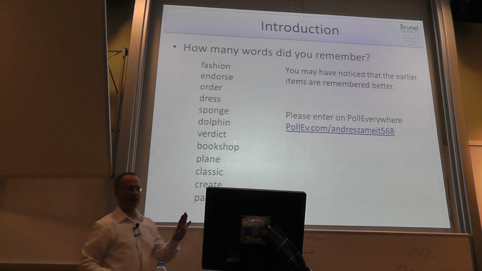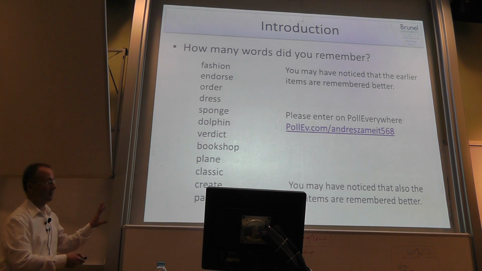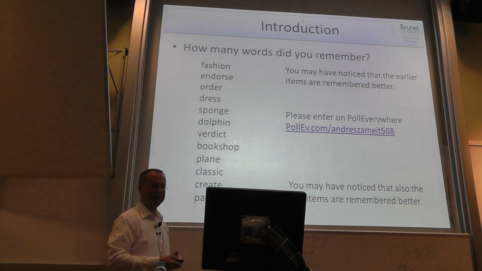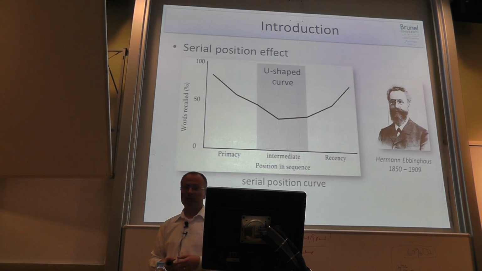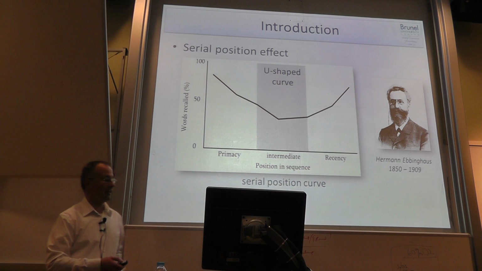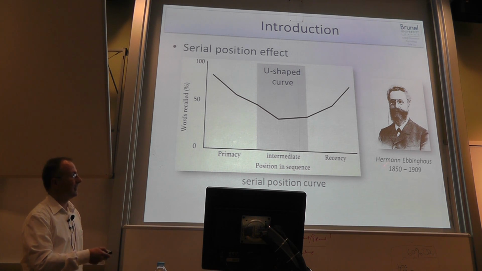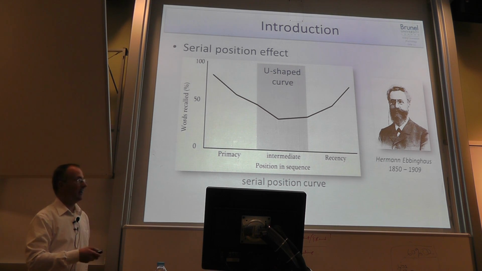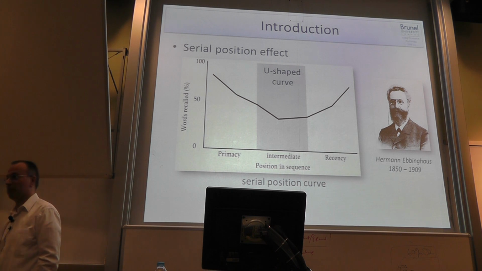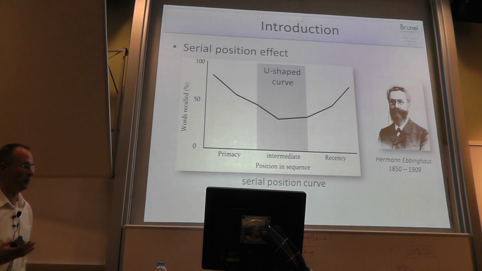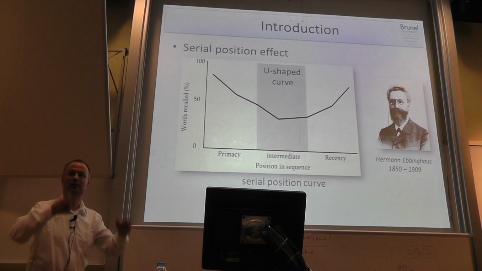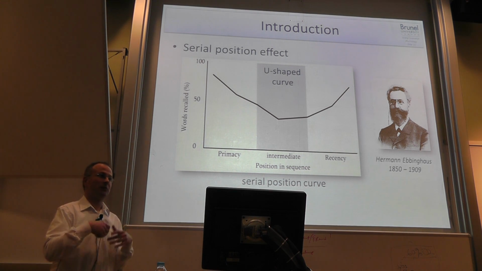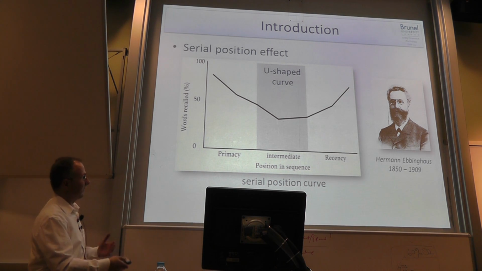Okay, so the first and the last words are remembered somewhat better. And the first one to observe that was Hermann Ebbinghaus in the late 19th century. And he did a lot of research on memory. So his participants had to learn endless lists of words and random syllables and stuff like that.